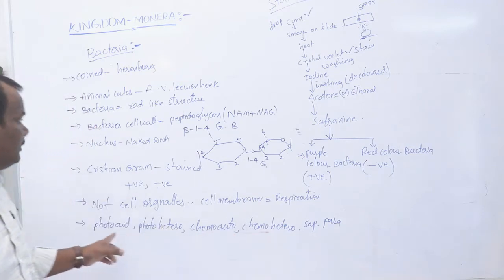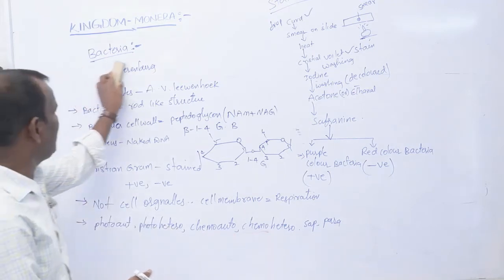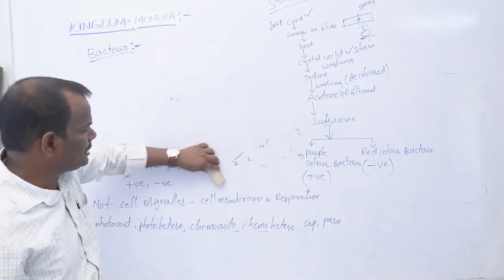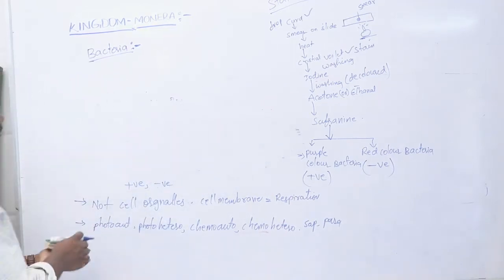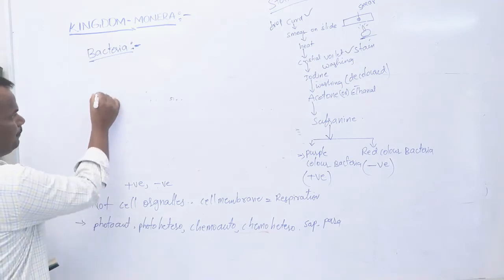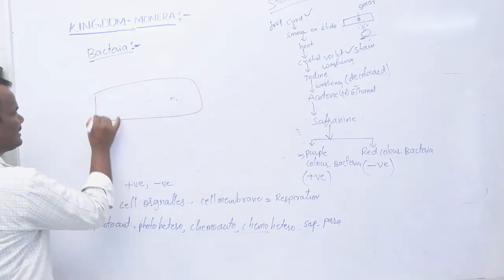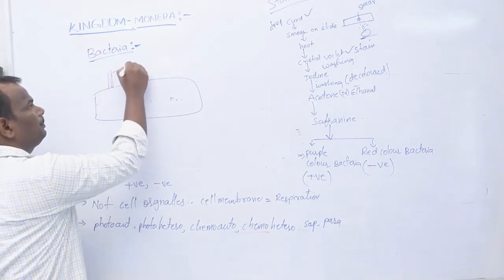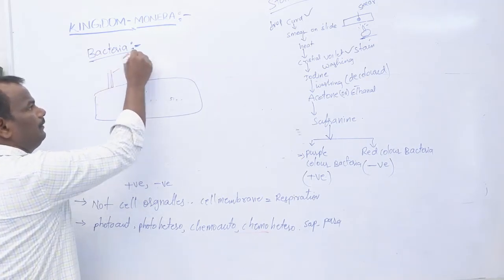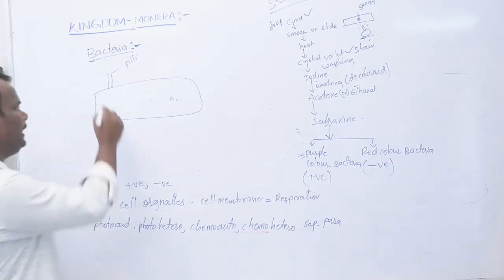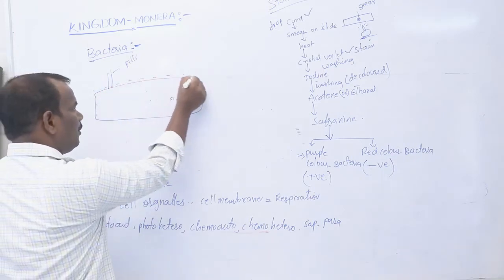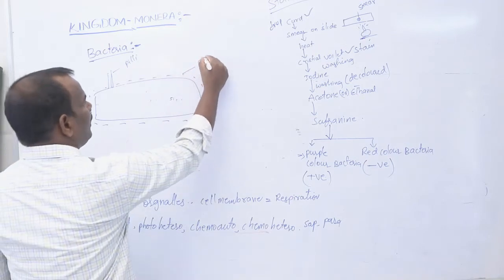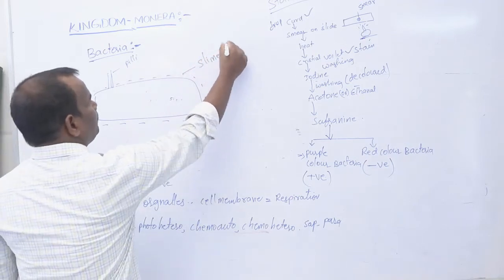Then after, what is the cell structure of this bacteria? See here, this is the bacterial structure. This is the villi or fimbriae. Next is the cell outer layer, called the S layer or slime layer.